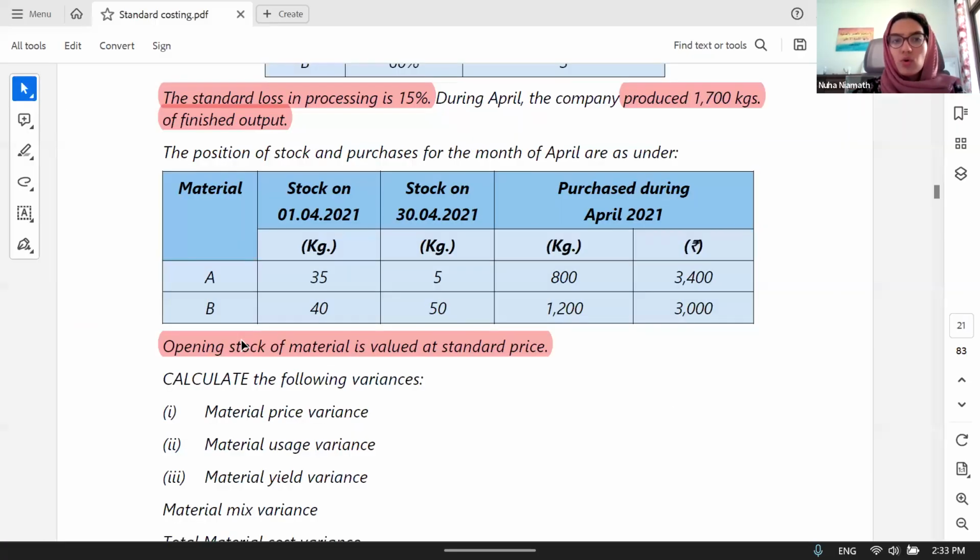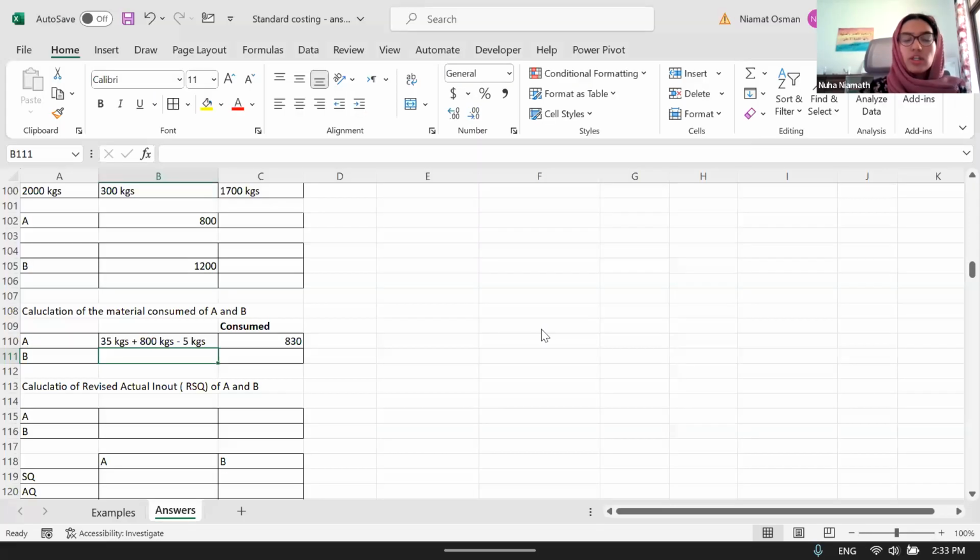And for B, it is what? 40 plus 1200 minus 50. How much is that? 1190.